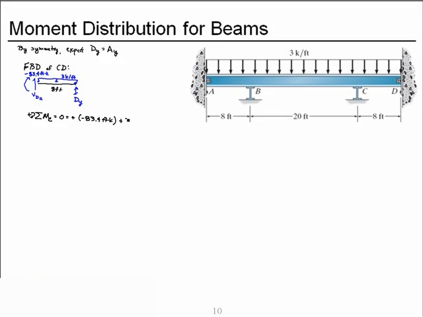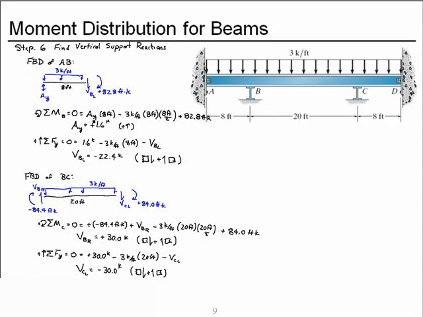I have a positive contribution from the distributed load acting over 8 feet, the resultant acting 8 feet over 2 from point C, and a negative contribution from the reaction at D through 8 feet. Put those together and we get a DY of positive 1.6 kips acting up, which does match what we calculated for AY. So that's a very good sign.